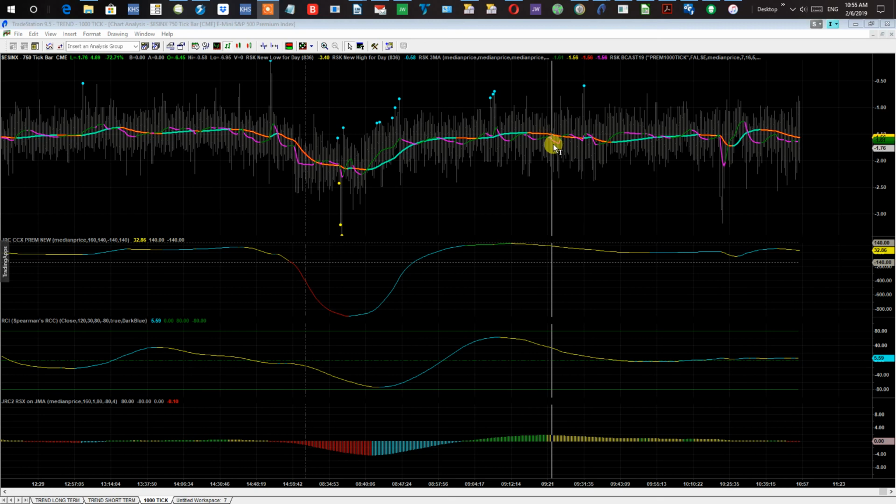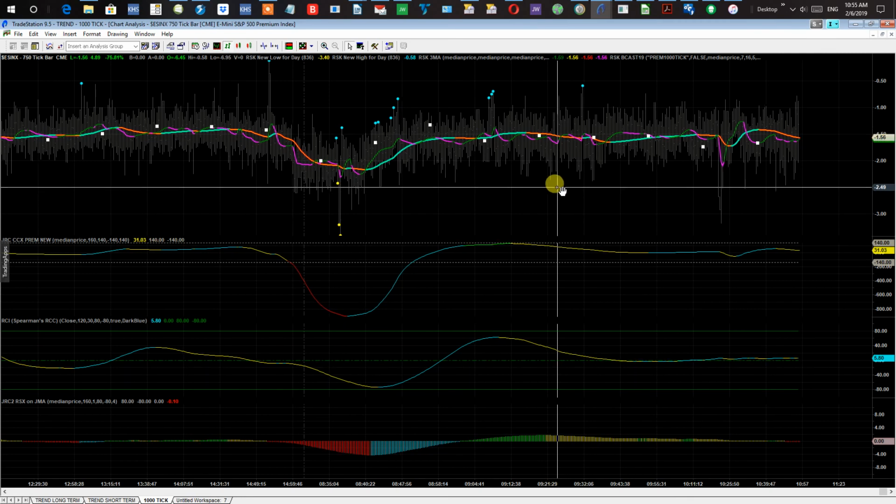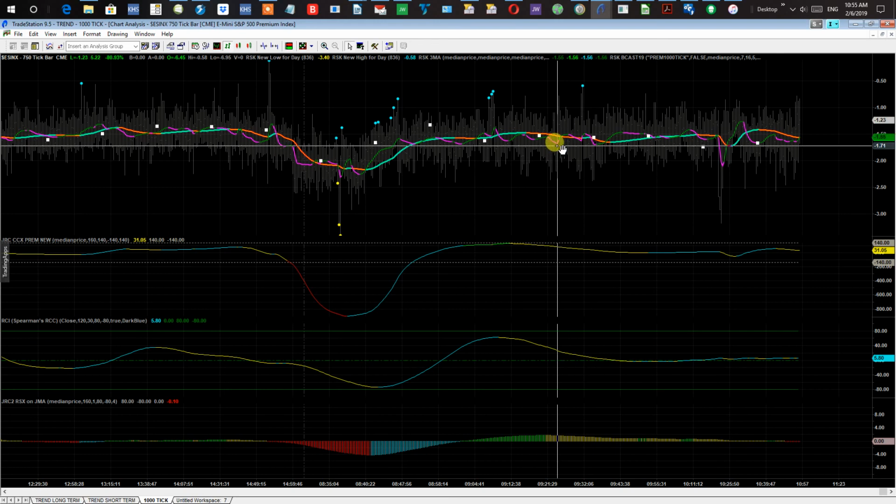Now, if you were monitoring the premium, you knew that this was a good opportunity to execute. You're not hitting a new low, and there is some divergence here. But this is still fairly low for the premium. And this low on the premium here indicates that we may be in trouble on this trade.